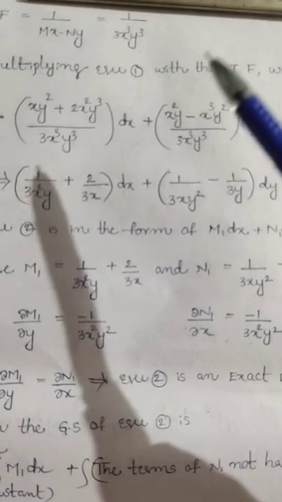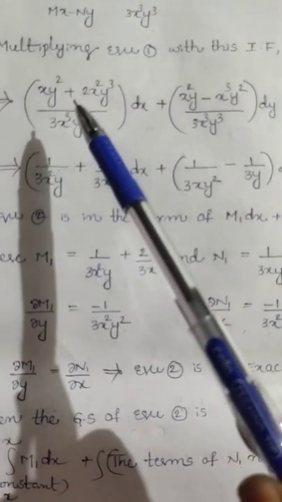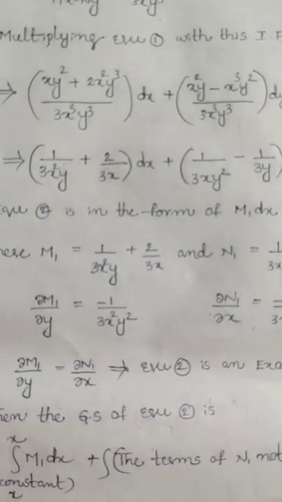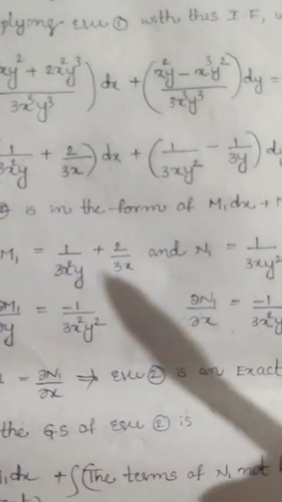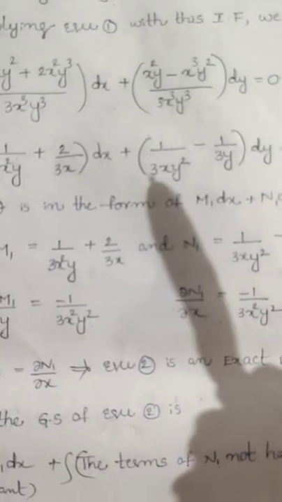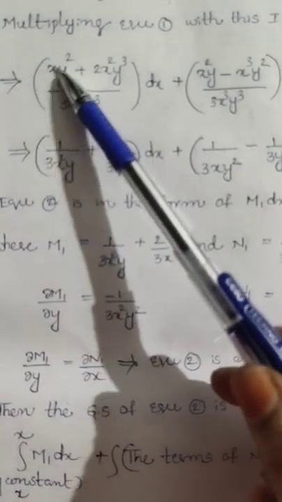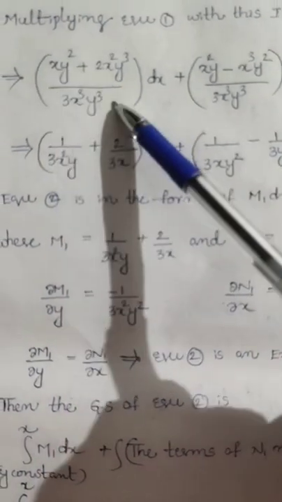Now multiplying equation 1 with this integrating factor 1 by 3x cube y cube, we get (x y square plus 2x square y cube) by 3x cube y cube into dx plus (x square y minus x cube y square) by 3x cube y cube into dy equal to 0. Here x gets cancelled, y square gets cancelled.